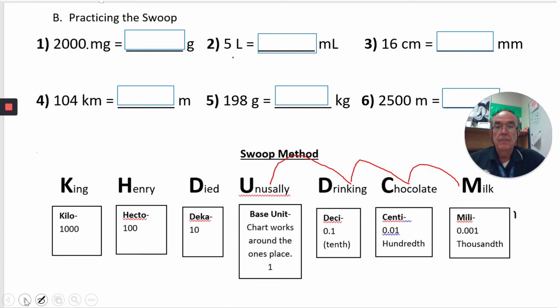Okay, and our answer, we're going to swoop the same way. We swoop once, we swoop twice, we swoop 3 times. So the answer here would be 2 grams. Now you can also put the decimal and say 2.0 because adding zeros doesn't change anything.